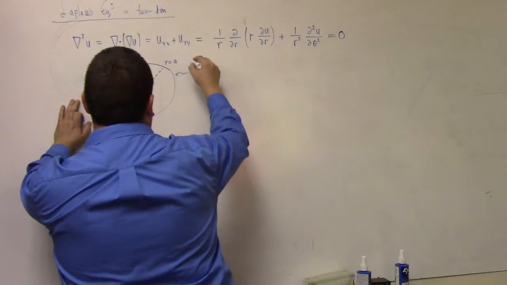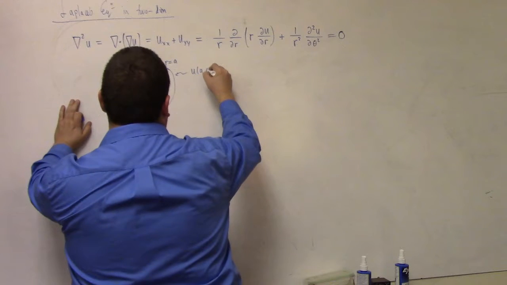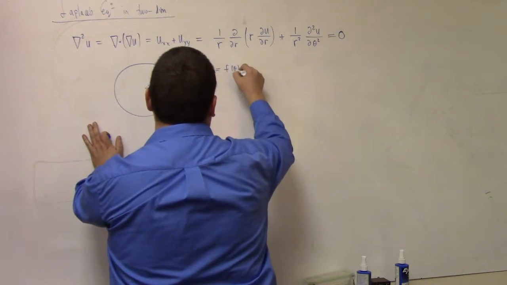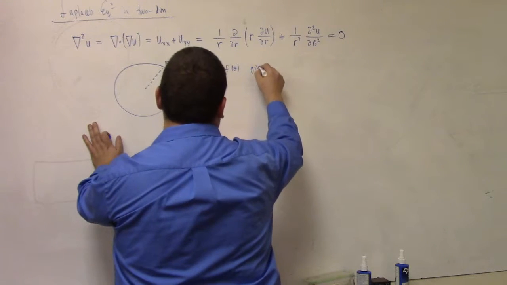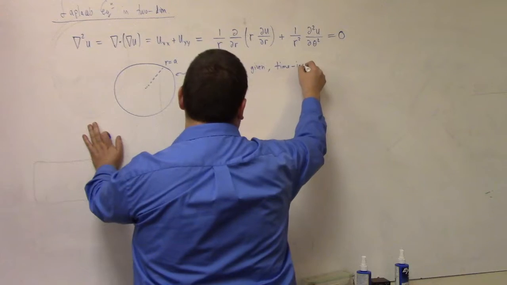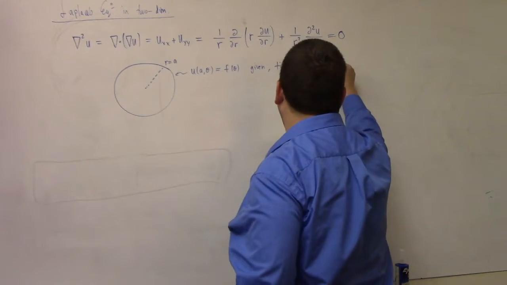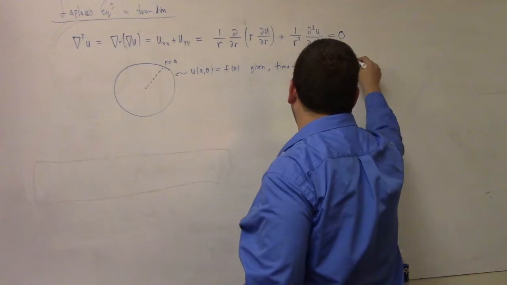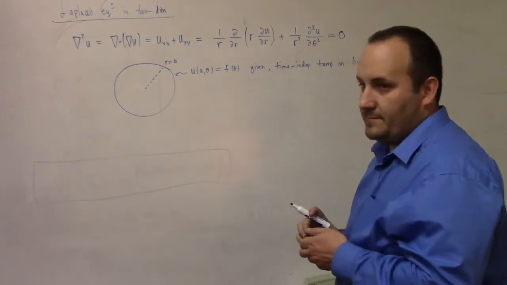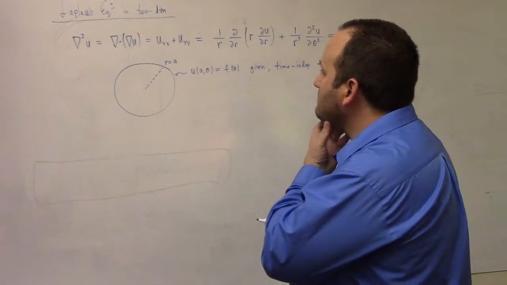Here, r equals a. So u of a comma theta equals f of theta is the given time-independent temperature on the boundary.